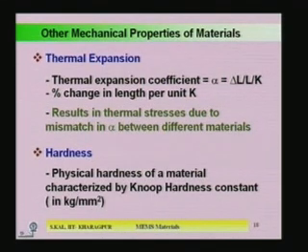Thermal expansion is known to you. The thermal expansion coefficient is alpha, and it is basically delta L by L per K, where K is the temperature in absolute scale. So, it is defined as the percent change in length per unit K. That is the thermal expansion coefficient, you should know it. It results in thermal stresses due to mismatch in alpha between different materials.